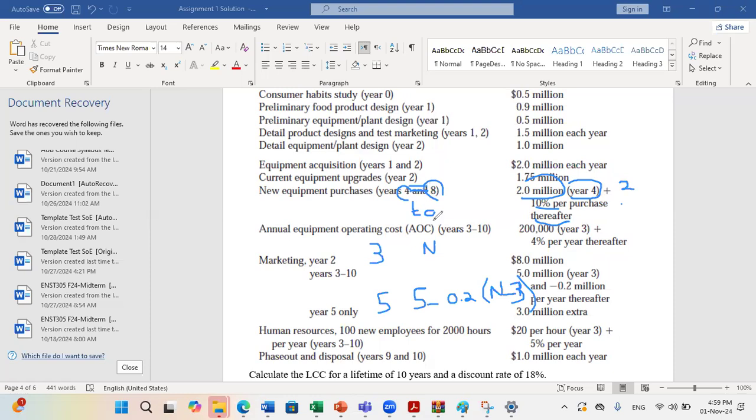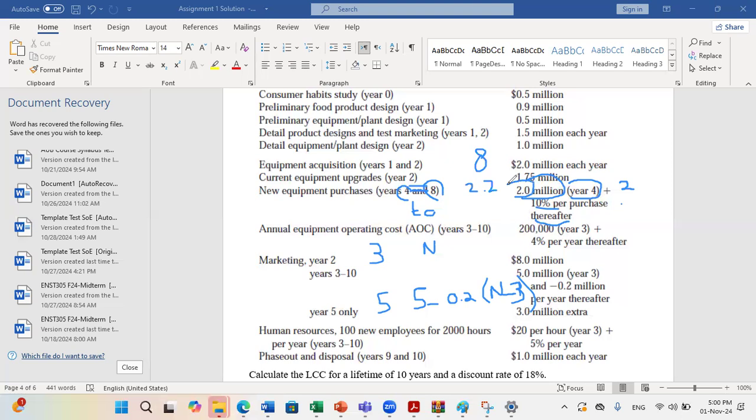And in the column of year 8, you just have to put 2 plus 10% of 2, yani 2 times 1.1. So in year 8, you should put in its column 2.2. Okay? While in the column of year 4, you just have to add 2.